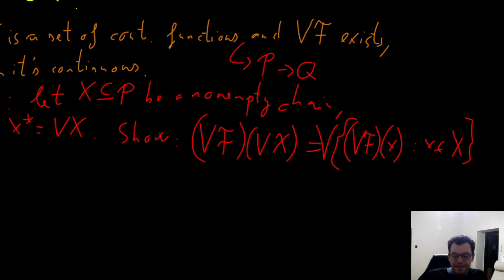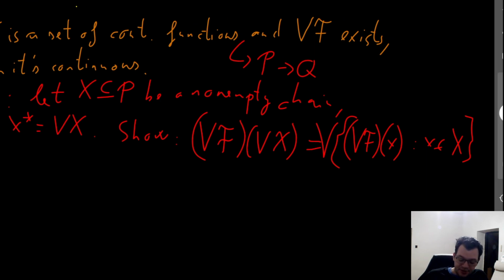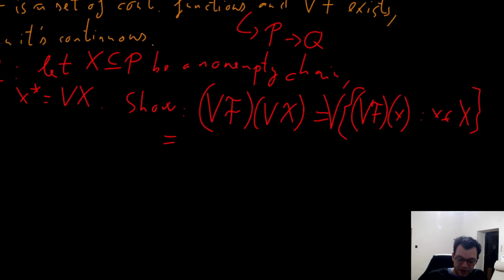Now the supremum function, we also already know that the supremum function is the same as just computing the values and taking their supremum. So if it exists, then it has to be the following.